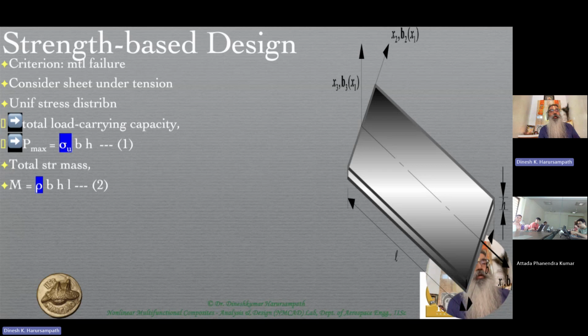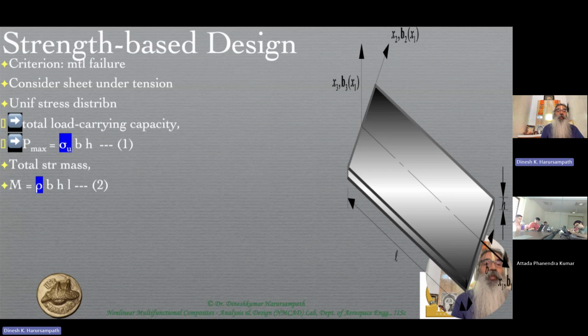On this particular slide alone, I'm using a highlight in blue to denote the material properties, whereas those I've not highlighted, like B, H, L, in both equation 1 and equation 2, are clearly geometric quantities, whereas sigma u and rho are material properties.